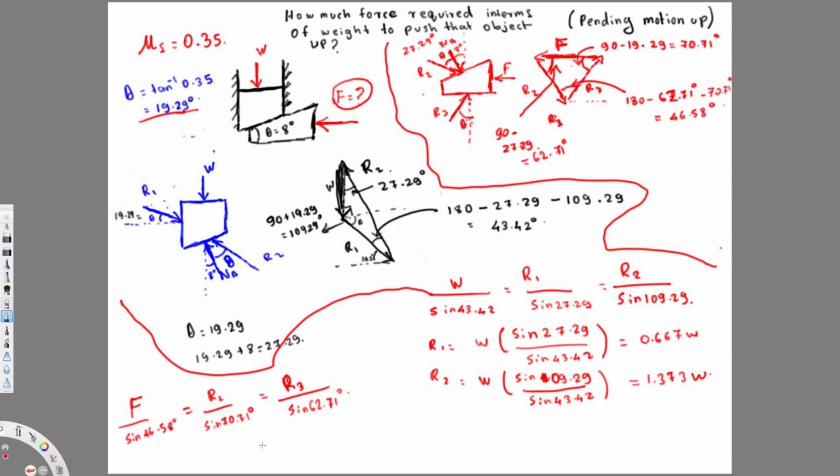If I put that, R3 is going to be R2 times sine 62.71 over sine 70.71 degrees, which is equal to 0.942 R2.